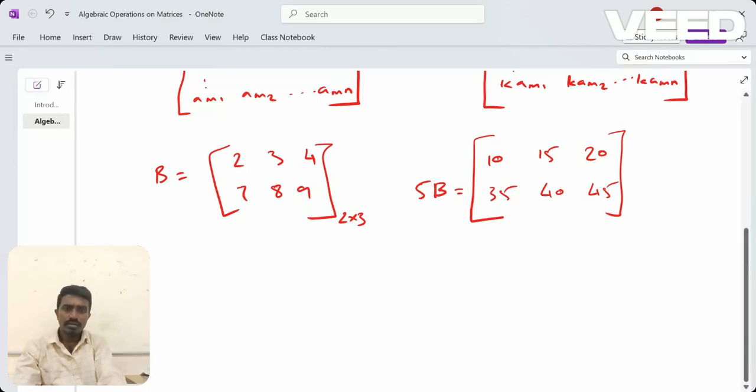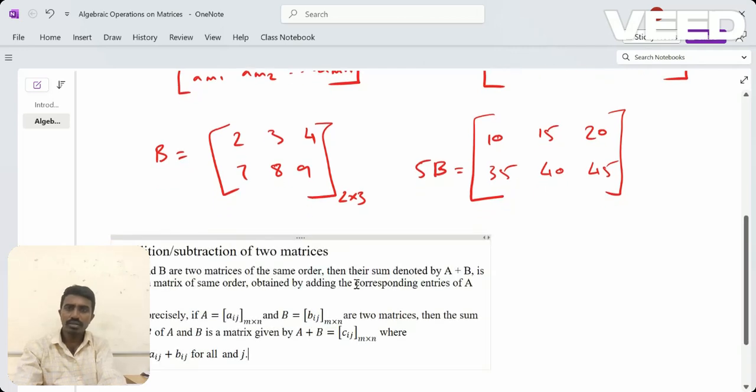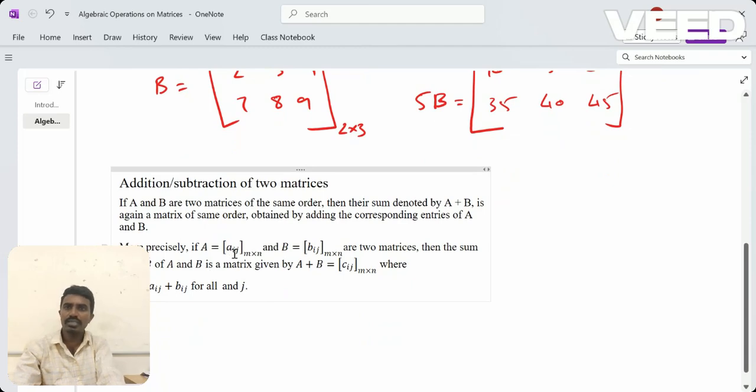That means, consider two matrices of the same order, A and B. Then their sum, denoted by A plus B, is again a matrix of the same order, obtained by adding the corresponding entries of A and B. More precisely, if A is a matrix Aij with order m by n and B is another matrix Bij of order m by n, then the sum A plus B is a matrix equal to Cij, whose order is m by n, where Cij equals Aij plus Bij for all i, j.